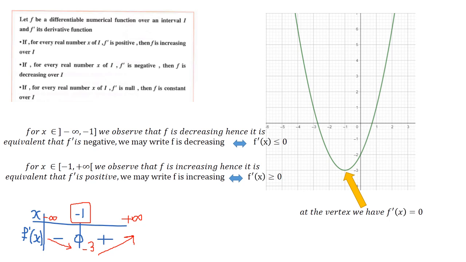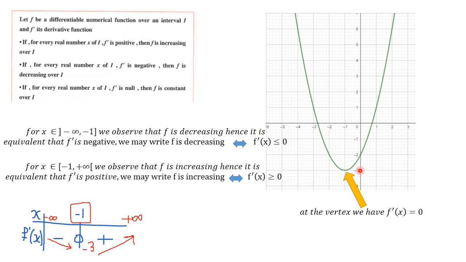So the function here is decreasing. That means the derivative is negative. At this point, which is (minus 1, minus 3), it's the minimum point of the function.